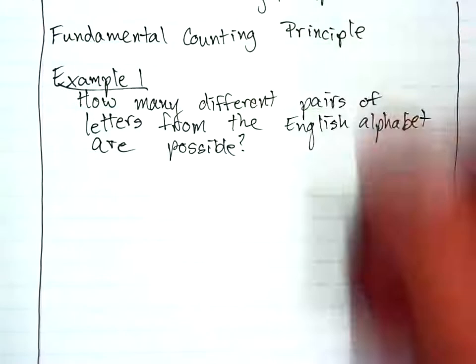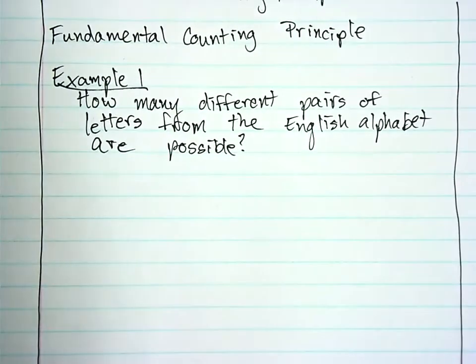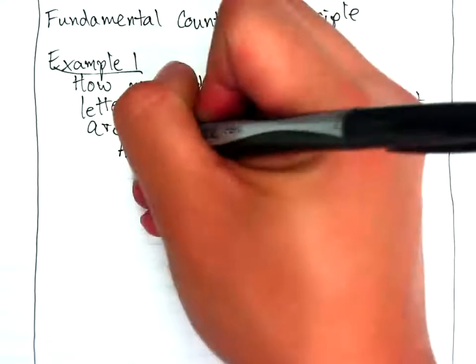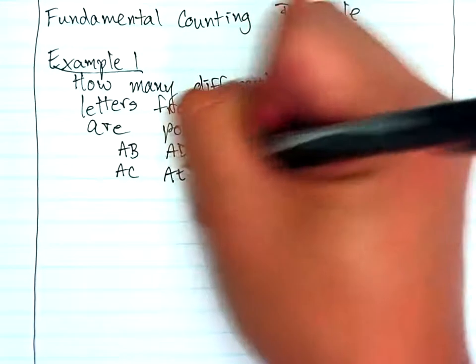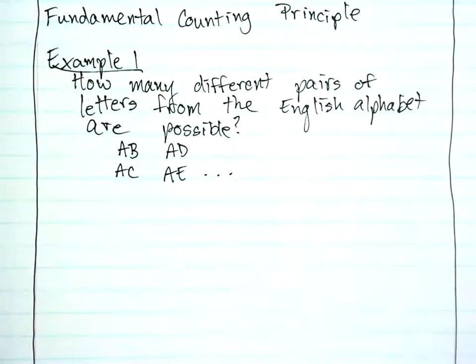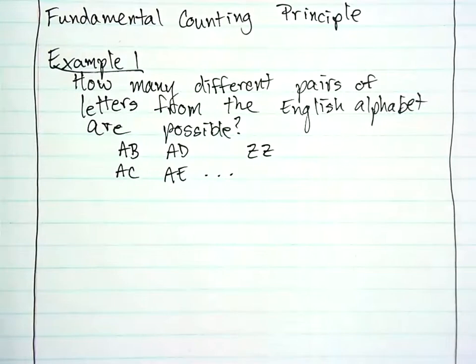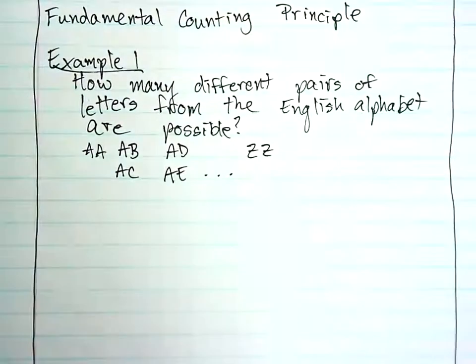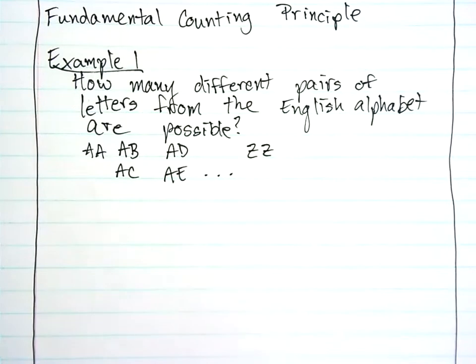So in this situation, we could, I repeat, could list out every single thing, but that's going to be a waste of paper and a waste of your time. Because what's being asked here is that all of these combinations, AB, AC, AD, AE, and I'm pretty sure you get the picture, all the way down to ZZ. Okay, actually AA is also possible. All the way down to ZZ, and we need to count how many possibilities there are.